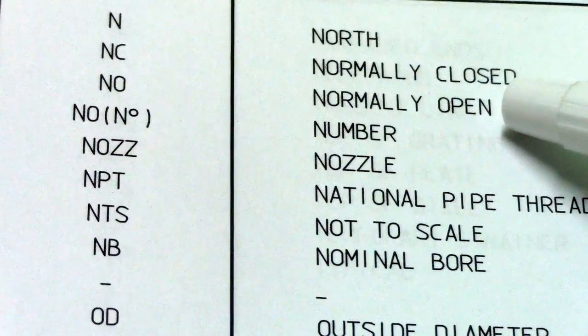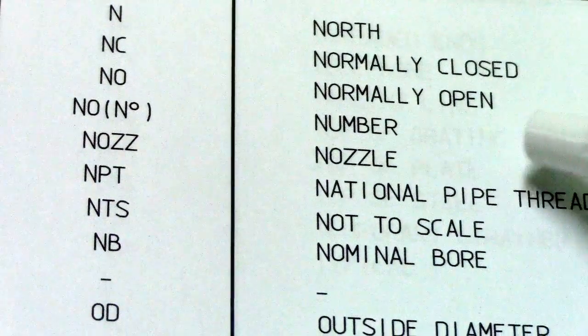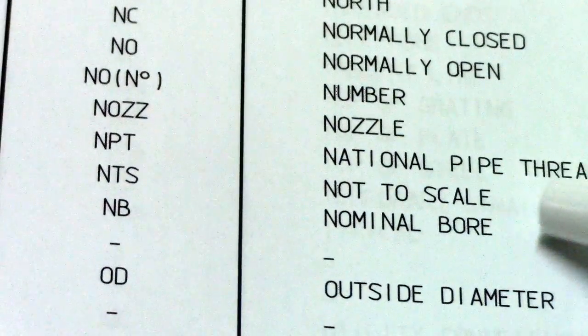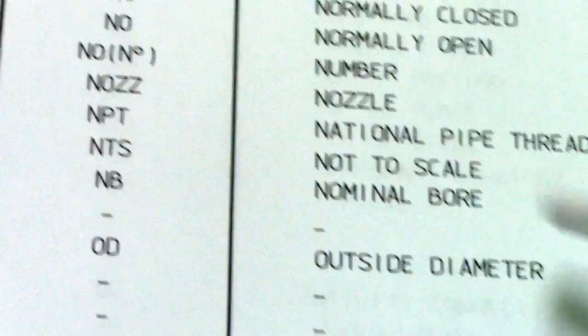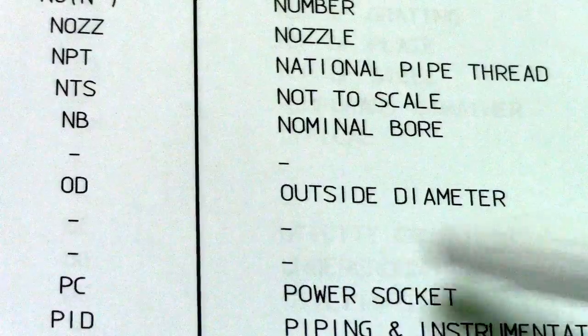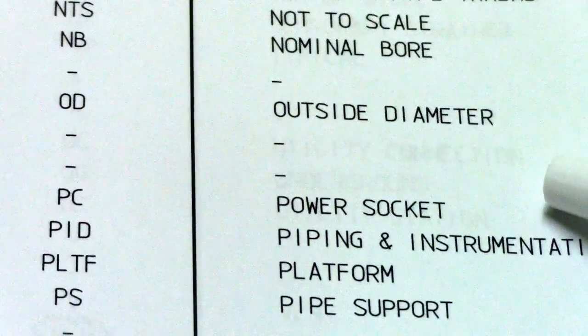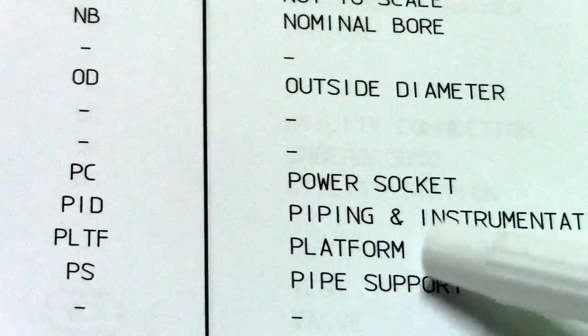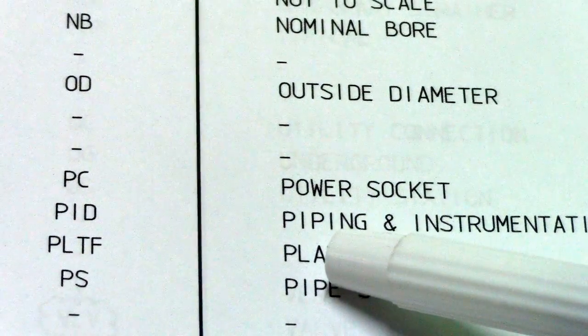North, normally closed, normally open, number, nozzle, national pipe thread, not to scale, nominal bore, NB. OD, outside diameter. Pipe socket, the P&ID. Oh, this is important.